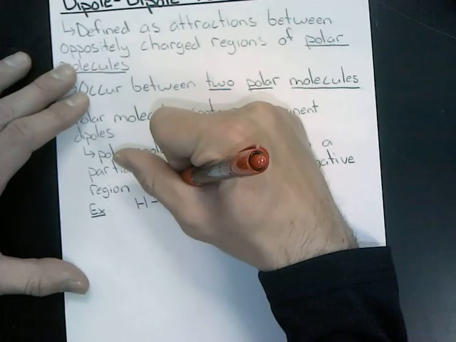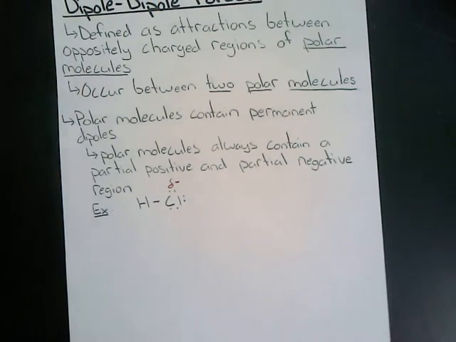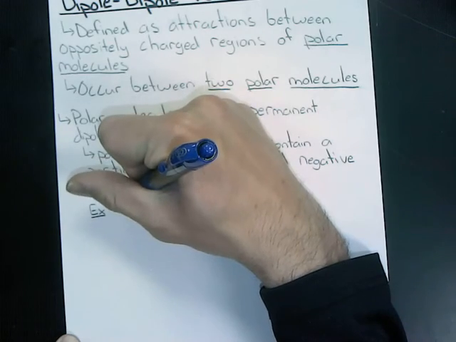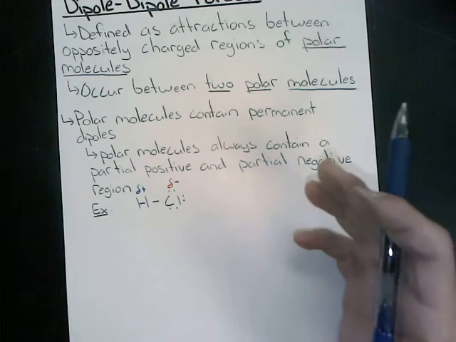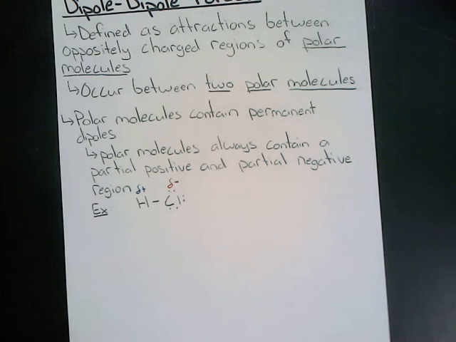And so we get a partial negative around the Cl. And because the electrons are pulled away from our hydrogen, this area here gets a partial positive. Now, this is permanent. They're always going to have a partial positive and partial negative poles to them, or regions, and so that's where we get that polar molecule.